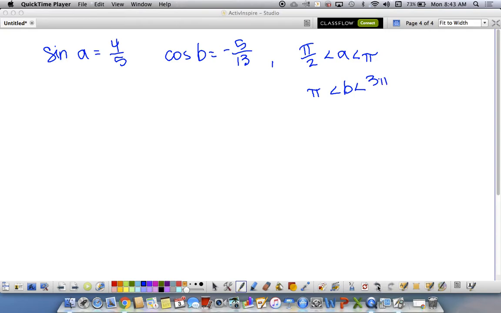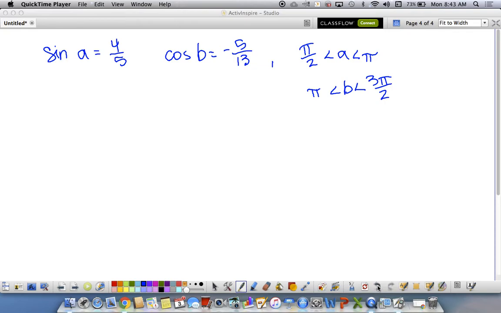Oh, hey everybody, it means A is in quadrant 2. Thank you for interpreting that for everyone. You're welcome. But I just need you to know that they might write it differently. How are you going to interpret it?